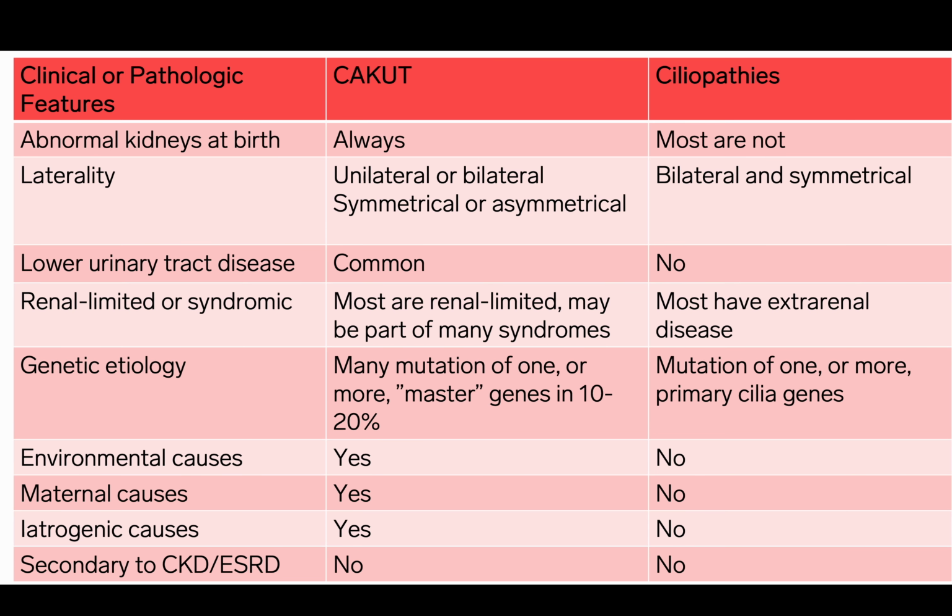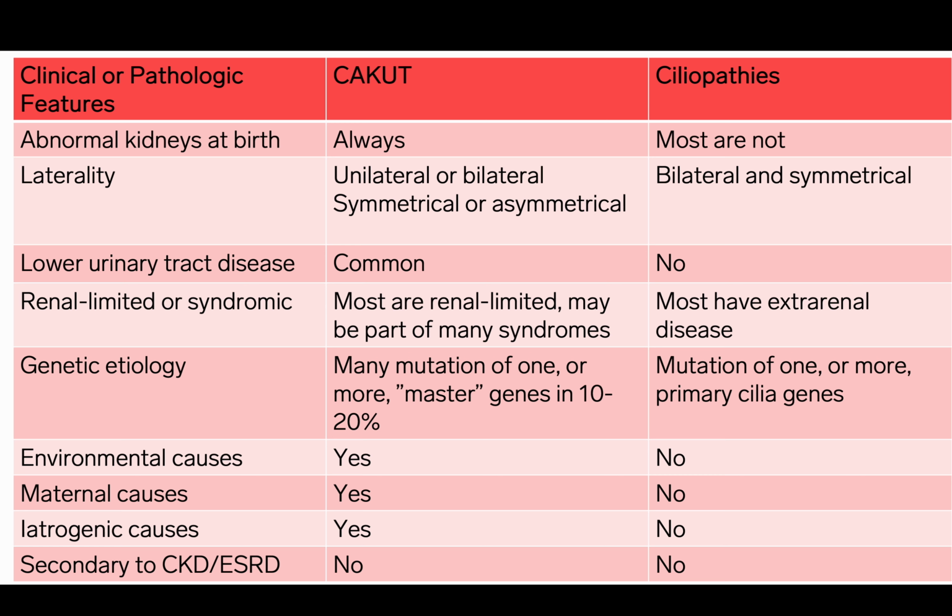This table compares and contrasts KCUT and ciliopathies and forms the rationale for their separation. In KCUT, the kidneys are abnormal at birth in every case, whereas in ciliopathies, most often the kidneys are normal at birth. KCUT can be unilateral or bilateral, and when it's bilateral, it may be symmetrical or asymmetrical. By that I mean the abnormality may differ on each kidney and lower urinary tract moiety.